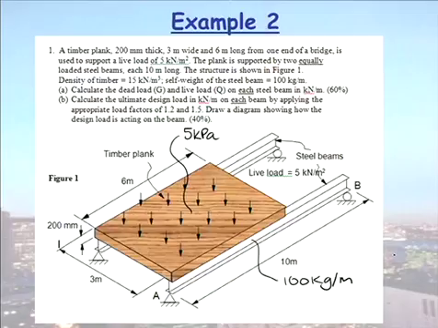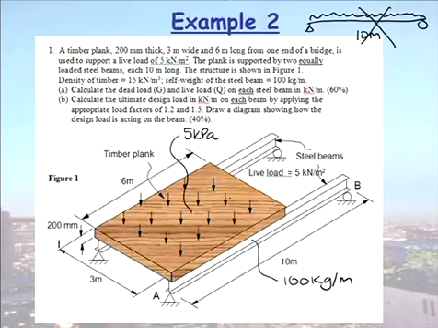So this time round, if I drew my steel beam, 10 metres long, I can't say it's got one load over the entire steel beam. That would be wrong, because as you can see, one side of the beam is more heavily loaded than the other side.